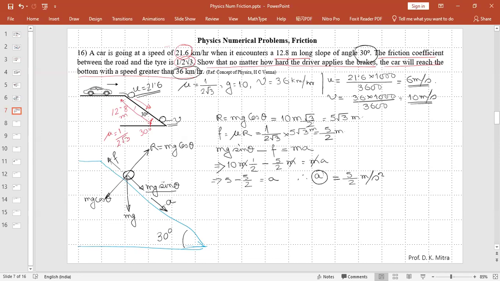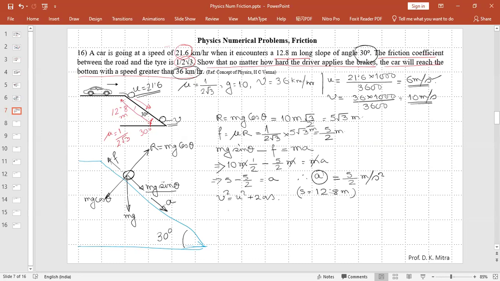But they have not asked us to find the acceleration. They asked to find out the final velocity. The final velocity, you can use the formula v square equal to u square plus 2as, where s is given 12.8 meter. S is the length of the road, 12.8 meter total displacement. And we have already found out u is 6.